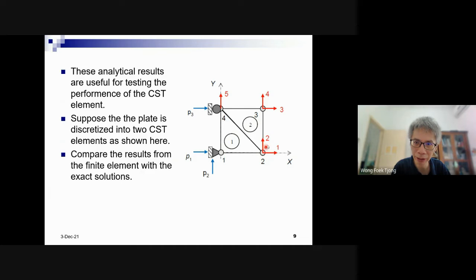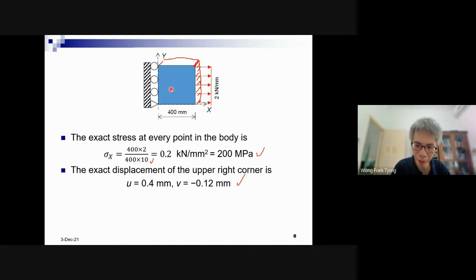The red one is the numbering for active degrees of freedom only. 1, 2, beginning from the lowest number, 3, 4, and 5, because we restrain this. And then the inactive degrees of freedom are 1, 2, 3, inactive or passive. So I use P for passive, right? Inactive, because it's given, and in this case, given as 0, right? So any questions regarding the modeling from this one to this one?